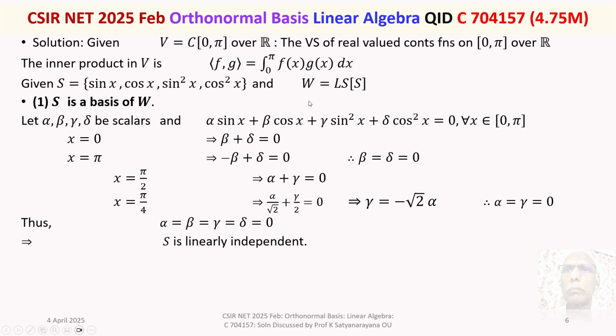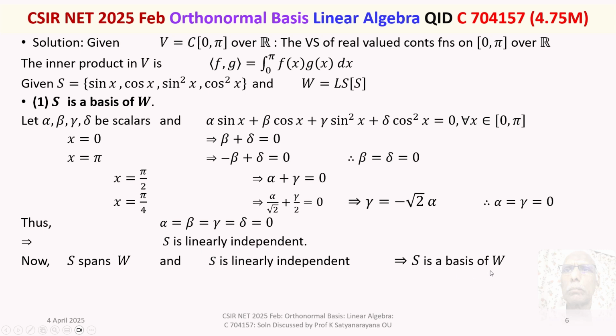S spans W. Therefore, S is a basis of W. Thus, we have proved option 1. So, thus option 1 is true. Right. We move on to the next slide for the discussion of the remaining options.